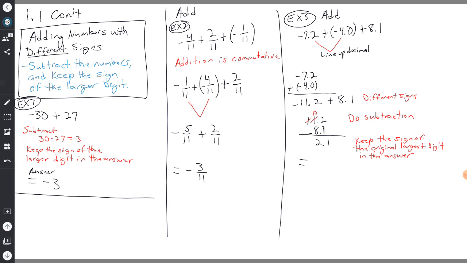So our final answer will be a negative 2.1.